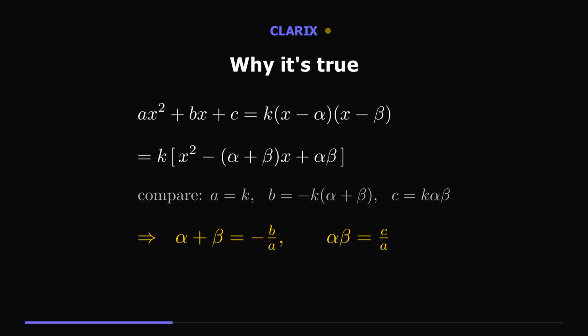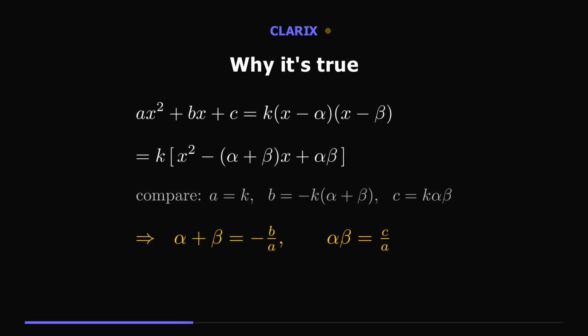Now just match it up, term by term, with ax squared plus bx plus c. The x squared parts give a equals k. The x parts give b equals minus k times alpha plus beta. The constant parts give c equals k times alpha beta. Divide through and out pops alpha plus beta equals minus b over a, and alpha beta equals c over a. That's the whole proof, clean and honest.